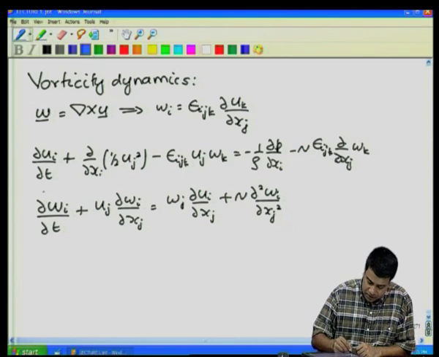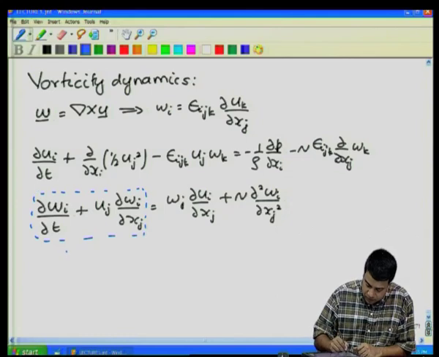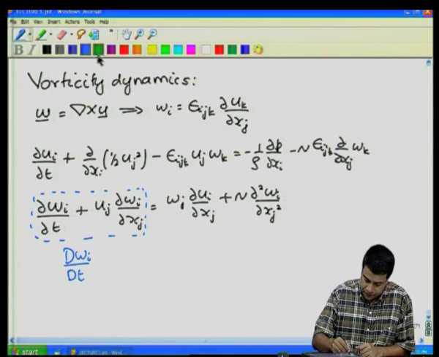The entire left hand side in that equation was just the substantial derivative. And on the right hand side, I have two terms.